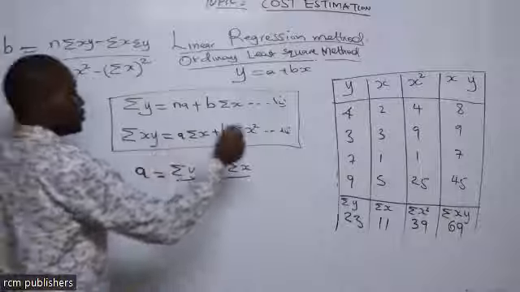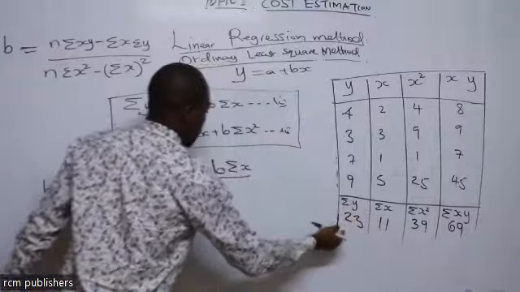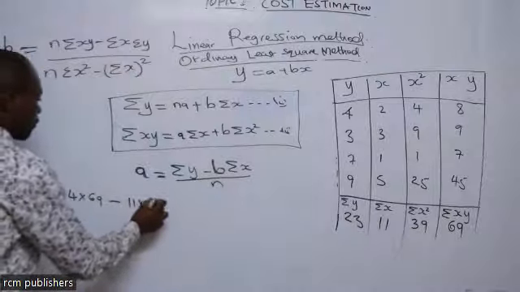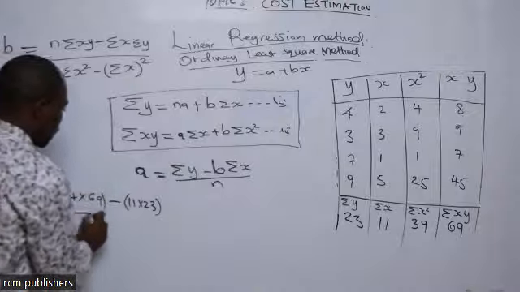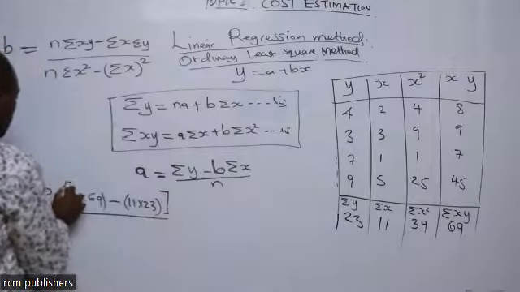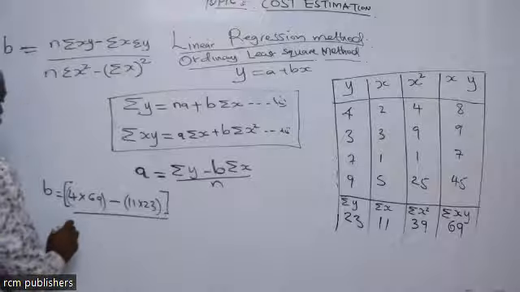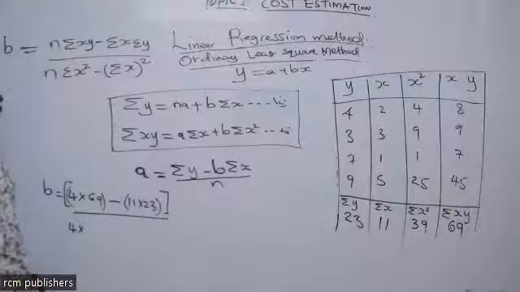It means we are going to take summation of x, we multiply by summation of y. So that is 11 times 23. What we get up there, the whole of that will be divided by n, which is 4, multiplied by summation of x squared.